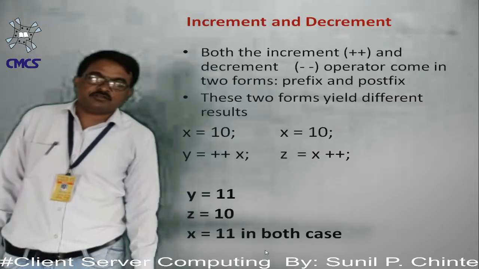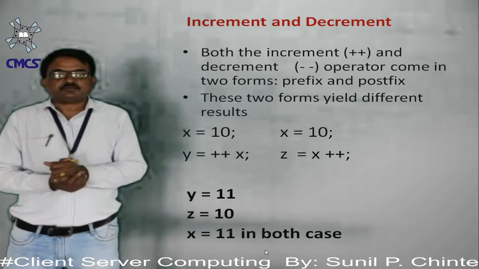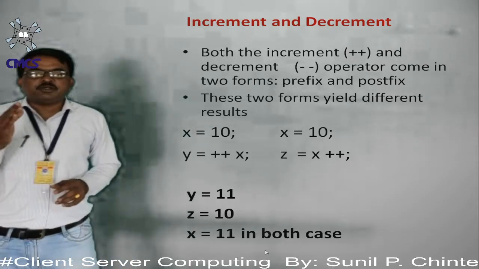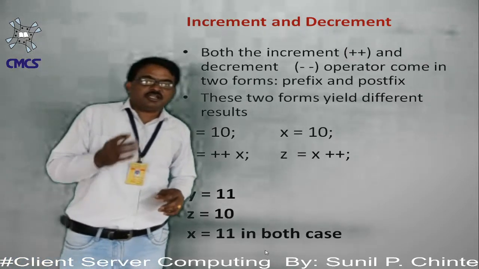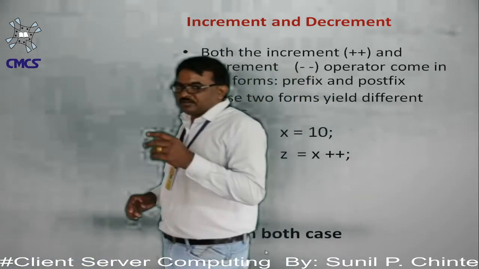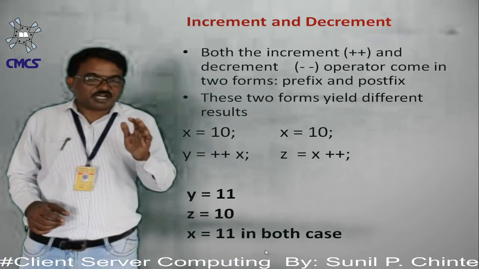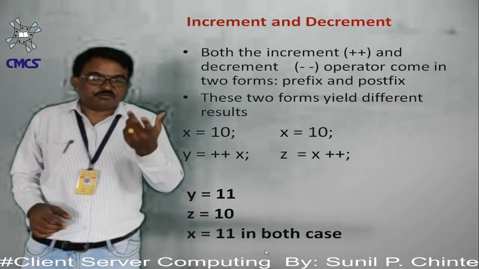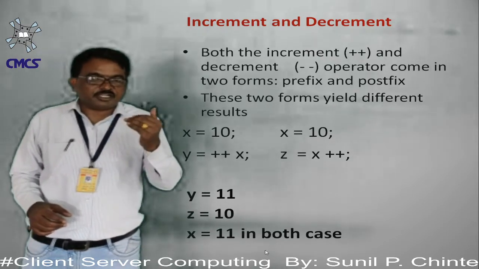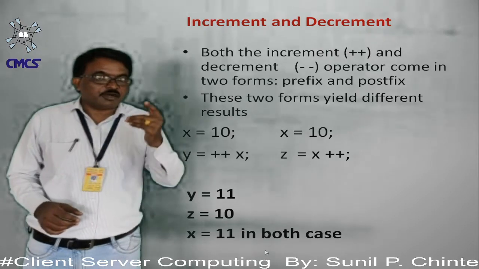Okay, now we have to see the increment and decrement operators. Both increment and decrement operators can be used as a prefix and a postfix. When we use plus plus x, it means we are incrementing the value by 1. When we are using the minus minus, it means we are decrementing the value by 1.